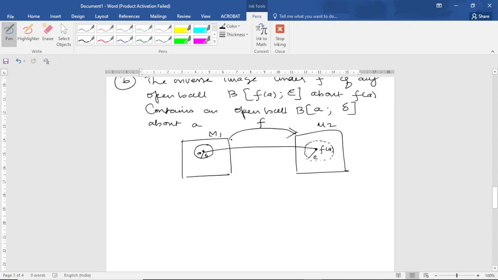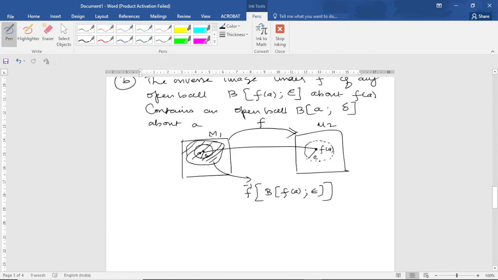This inverse image is somewhere falling here, something like this. This is nothing but the inverse image of the open ball f of A semicolon epsilon.